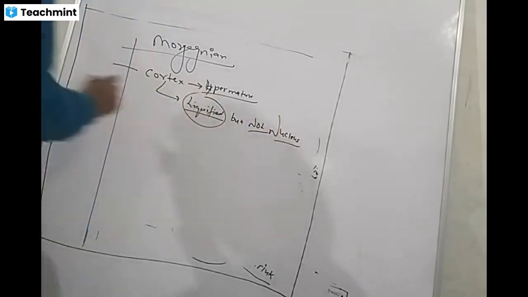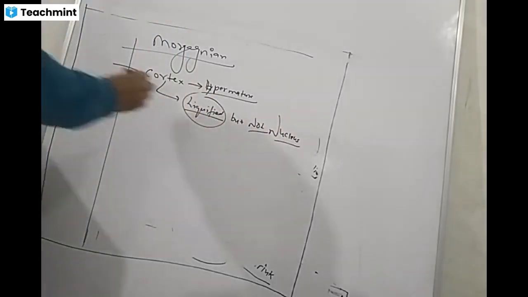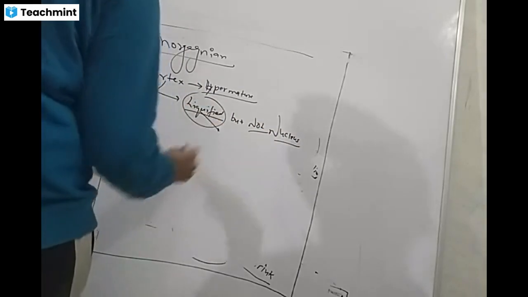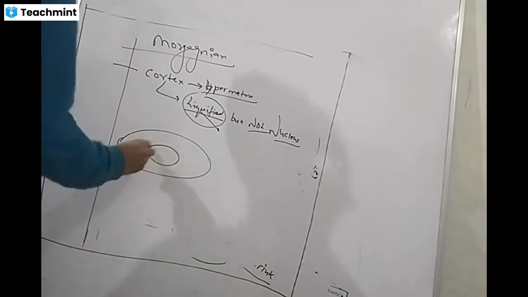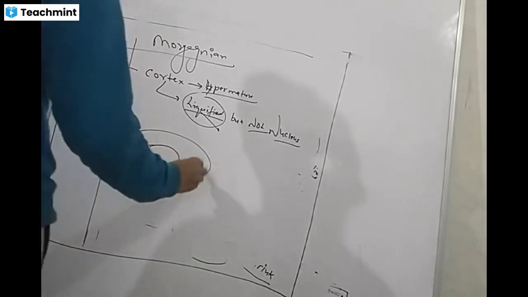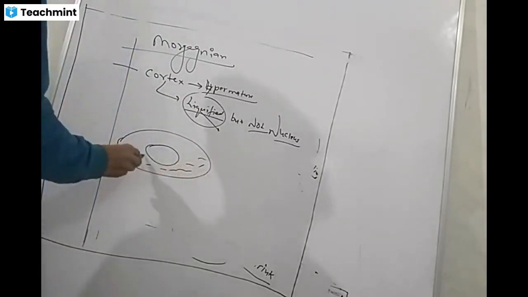Only the cortex becomes liquefied. So if the cortex becomes liquefied, this is the lens, this is the nucleus, and it becomes watery, liquefied.